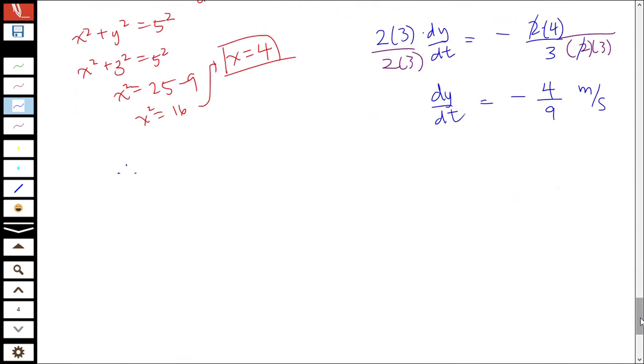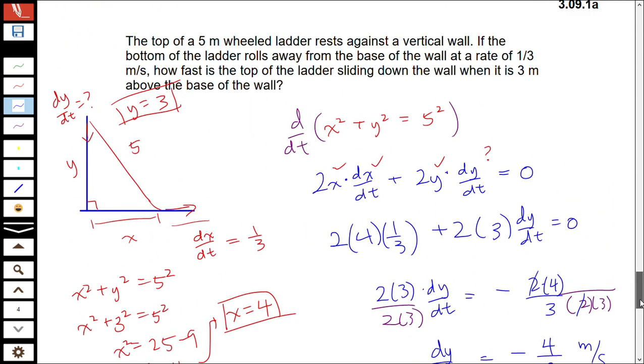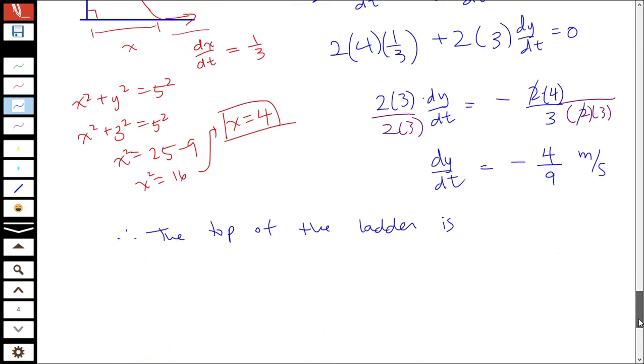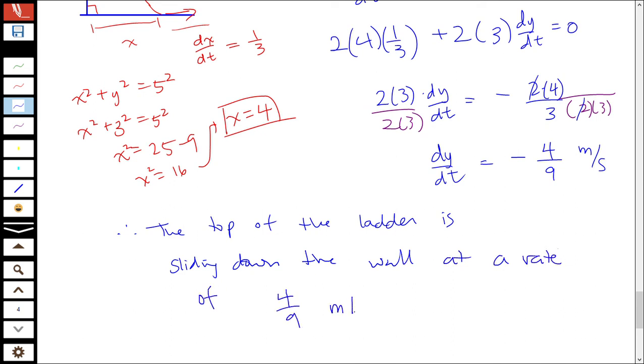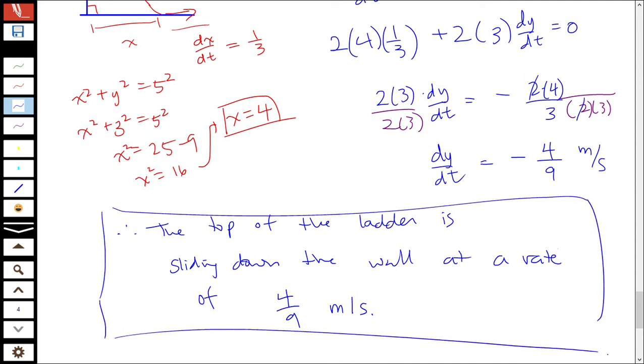So therefore, the top of the ladder is, oh, they say sliding down the wall. It's sliding down the wall, and we know it's sliding down because it's negative. It is sliding down the wall at a rate of 4 over 9 meters per second. And that's how you do related rates questions.